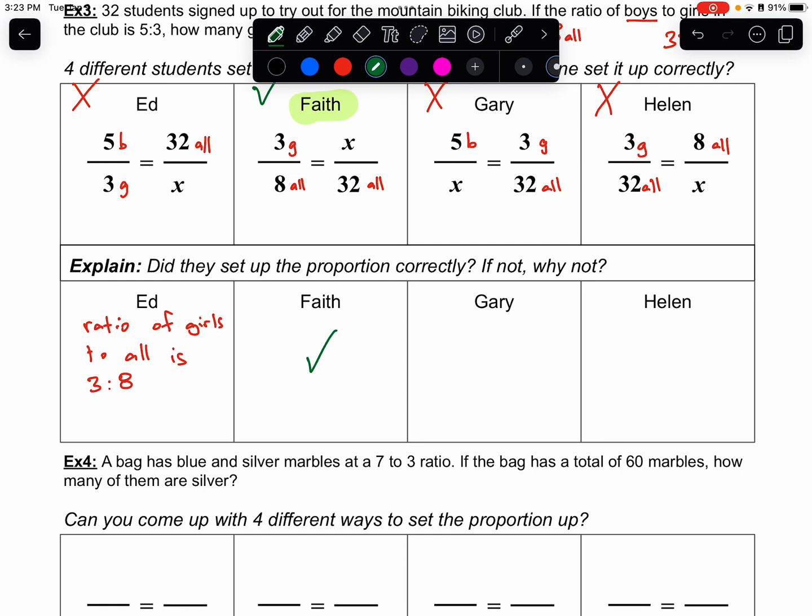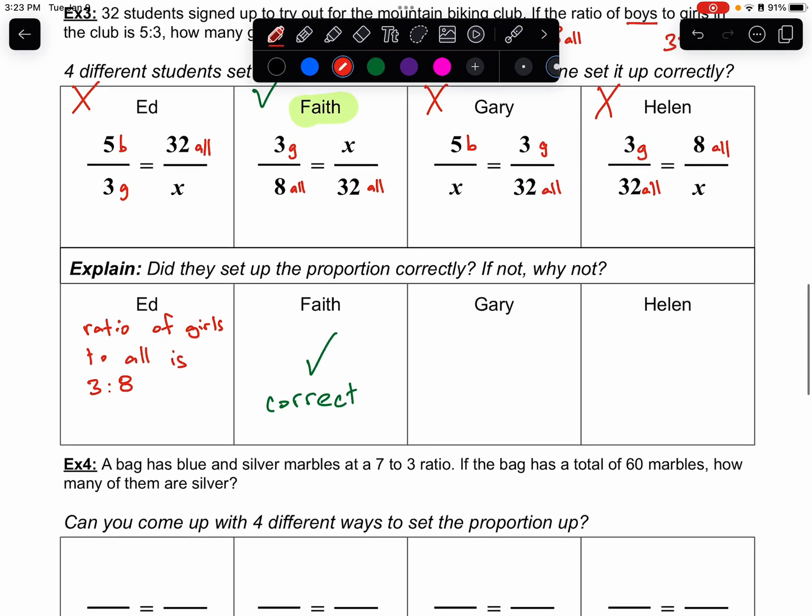We can also even just write correct. Gary, lots of ways. They did not have the ratio of all. Ratio, again, same as before, ratio of girls to all is 3 to 8. And they do not have the 8. And finally, Helen, they do have 3 to 8, but the 32 is on the wrong side.